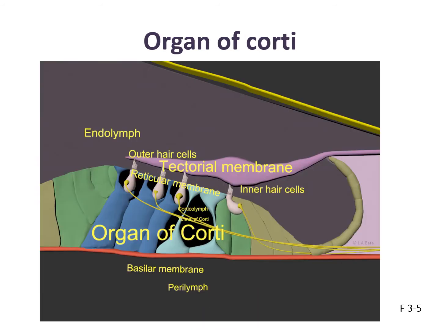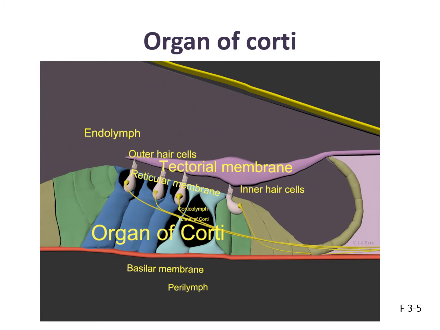The organ of Corti runs the entire length of the cochlea, and it is made of several structurally supportive cells, in which 3 rows of outer hair cells and 1 row of inner hair cells are nested.